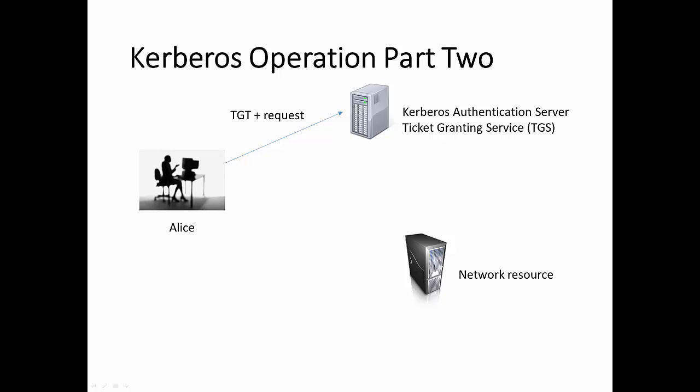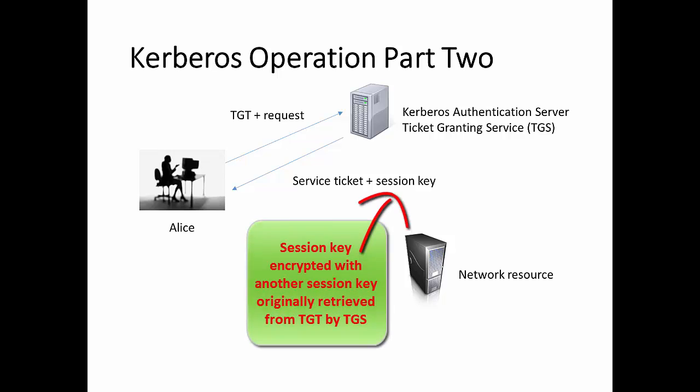ticket granting service. So what happens next is the ticket granting service is now sending back a service ticket with another session key. At this time, the session key is also going to be encrypted by the original session key Alice was using, which is the same one that was retrieved from the ticket granting ticket.